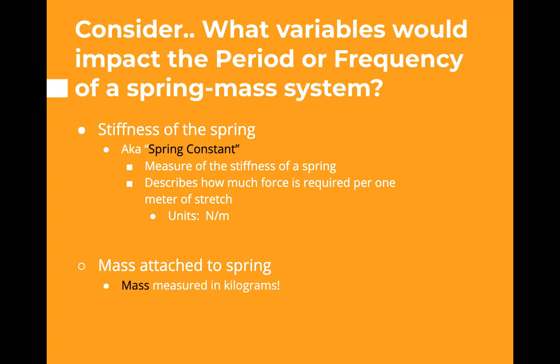So it will affect how quickly a system will vibrate. So the mass attached to the spring is another factor which will impact the period of frequency. And mass is measured in kilograms.